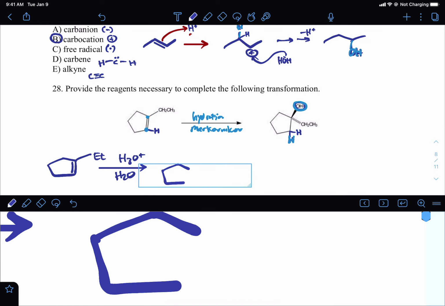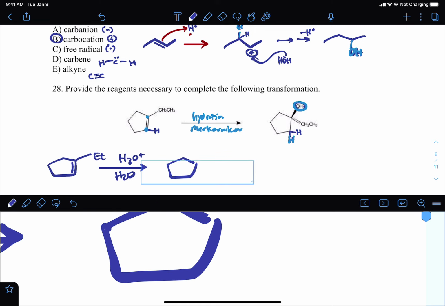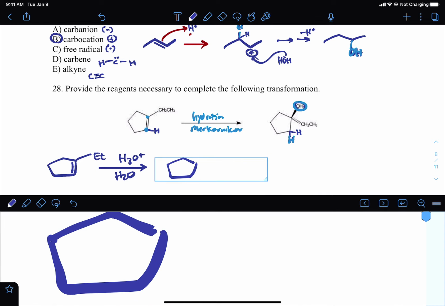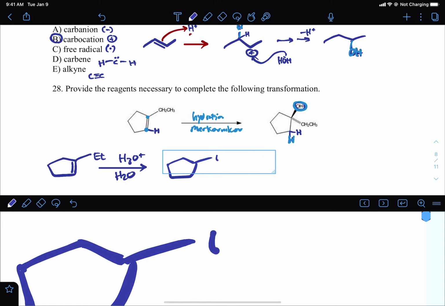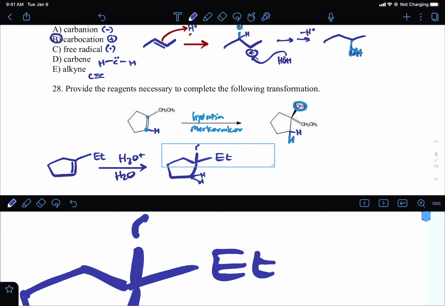That will follow Markovnikov's rule. I don't need to go through the mechanism because I know what Markovnikov's rule says. Markovnikov's rule says that when we do Markovnikov style hydration, the H goes onto the carbon with the most H's, which is there. The OH goes onto the other carbon. So that's it.